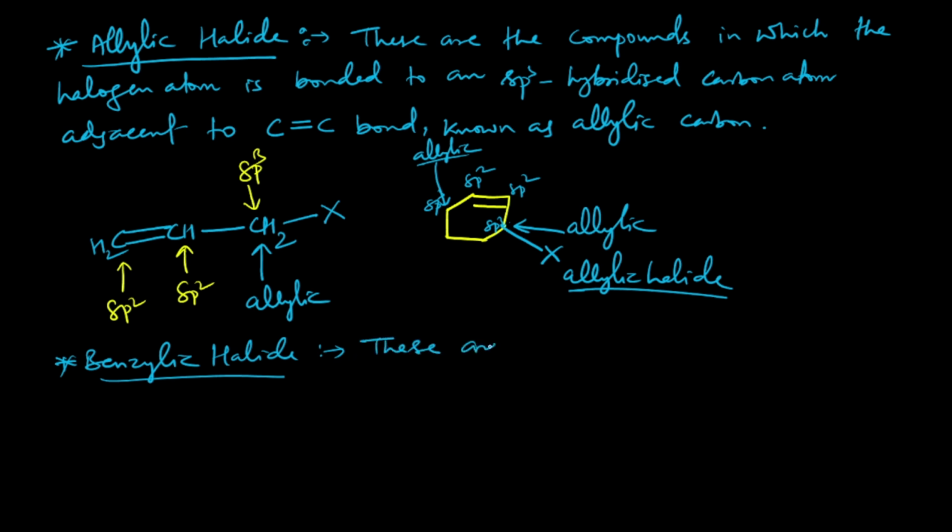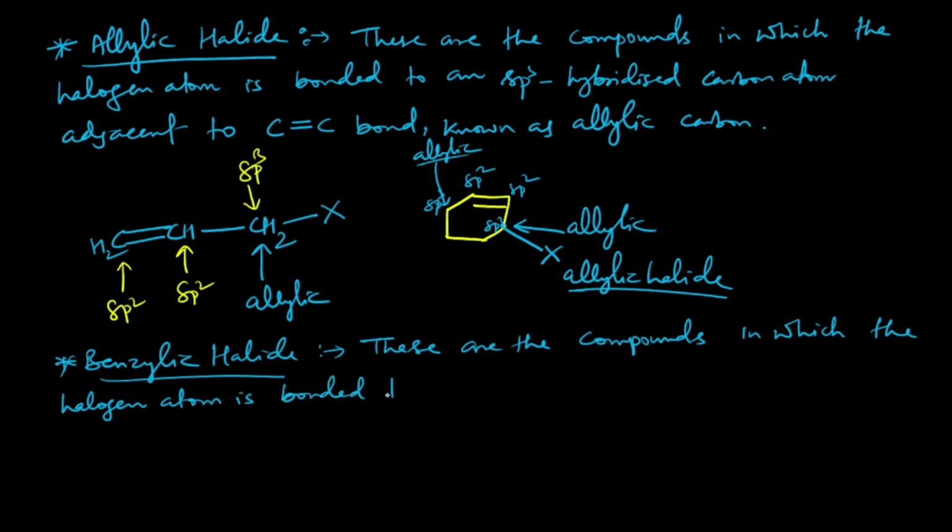These are the compounds in which the halogen atom is bonded to an sp3 hybridized carbon atom. Okay, sp3 hybridized carbon atom.